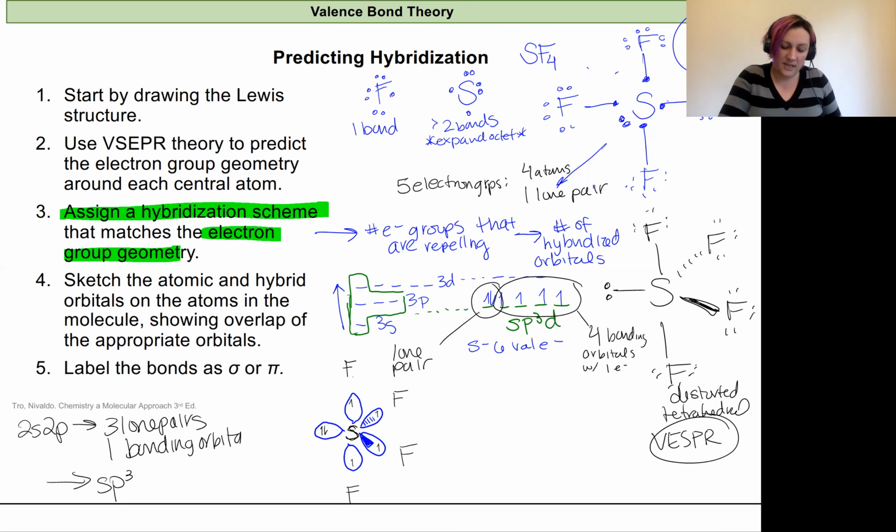So they're going to come in and they're going to overlap as sigma bonds and bring in an extra electron to each of these. And you can then think of these as having their other hybridized orbitals as well.